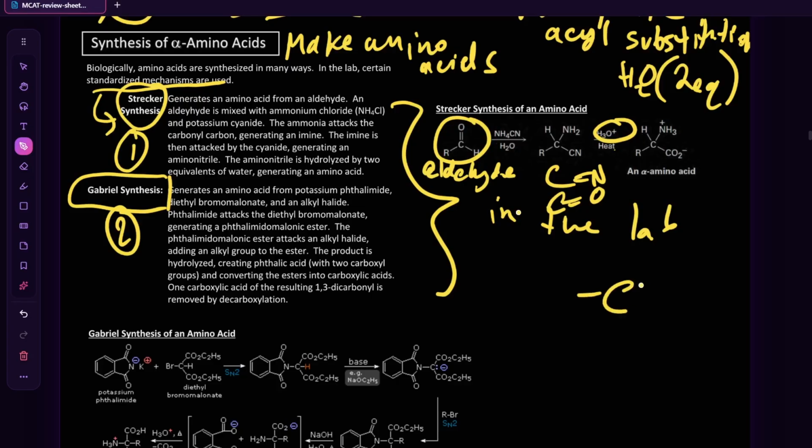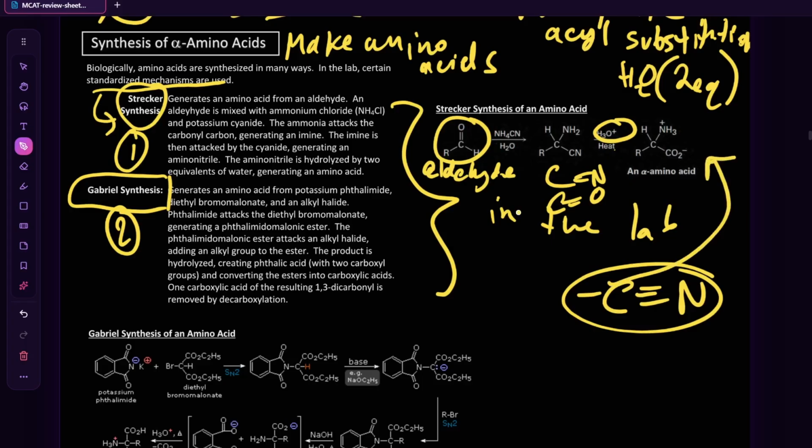That's how this CN group is converted all the way to a carboxylic acid, giving you the finished amino acid. Every step of Strecker synthesis is a nucleophile you already know attacking an electrophile, so you're chaining three familiar reactions in a row.